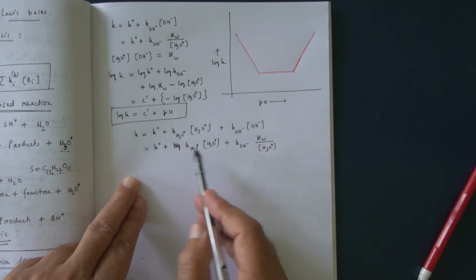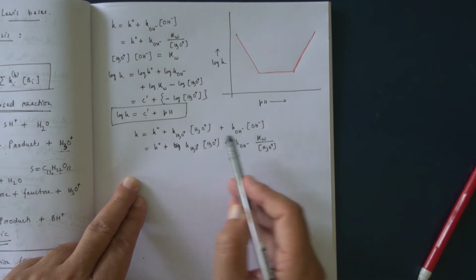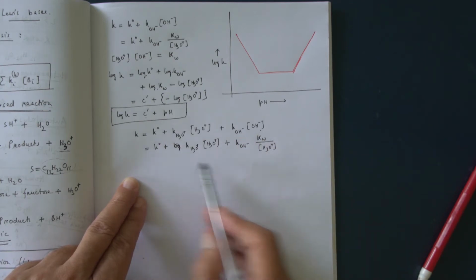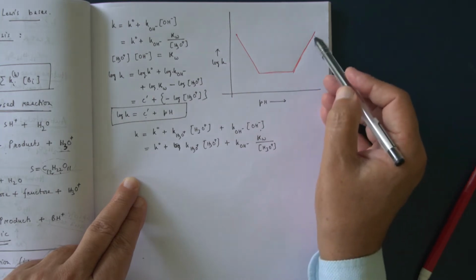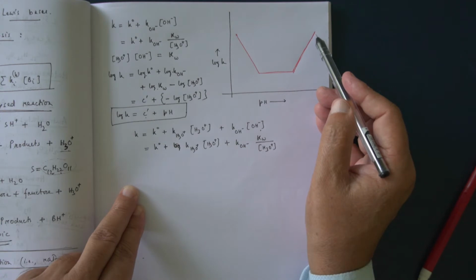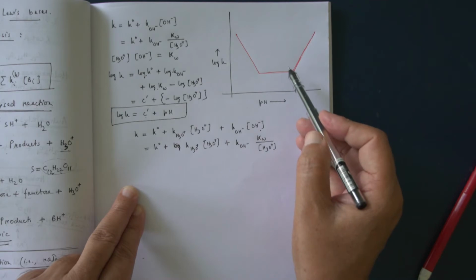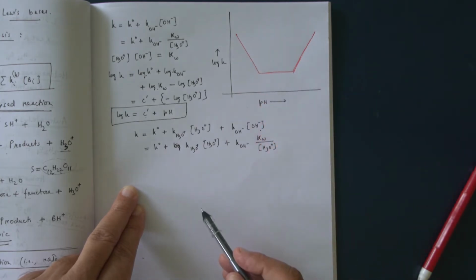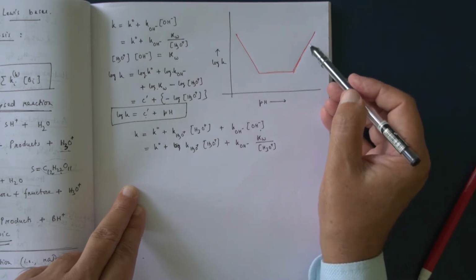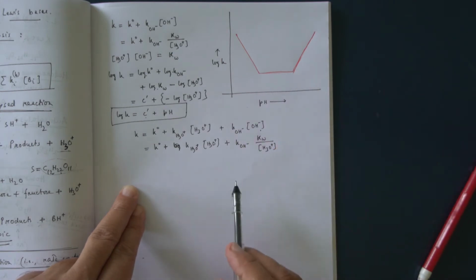This is when the reaction is catalyzed by both hydronium ion and hydroxide ion. In that case the graph will be like this. This is catalyzed by acid, this is catalyzed by base, hydroxide ion, and this is the uncatalyzed reaction.